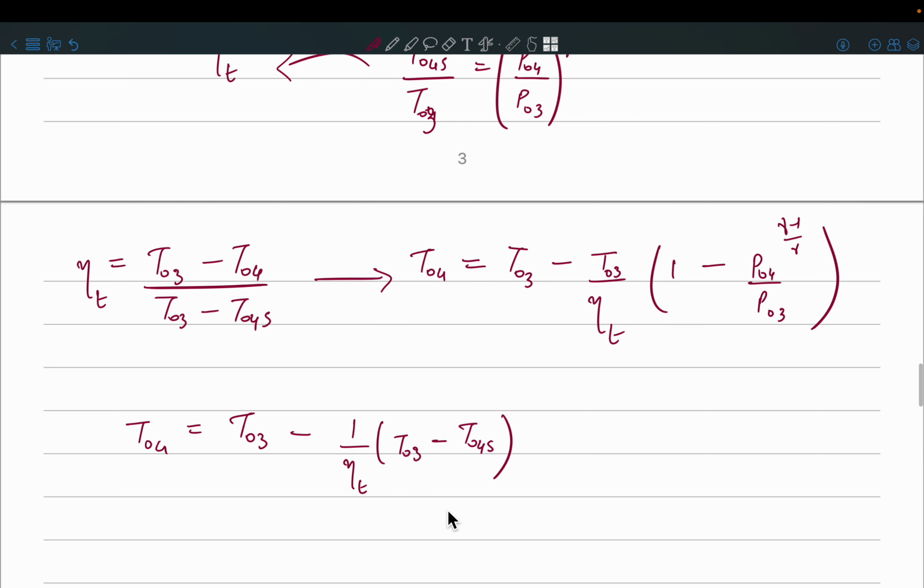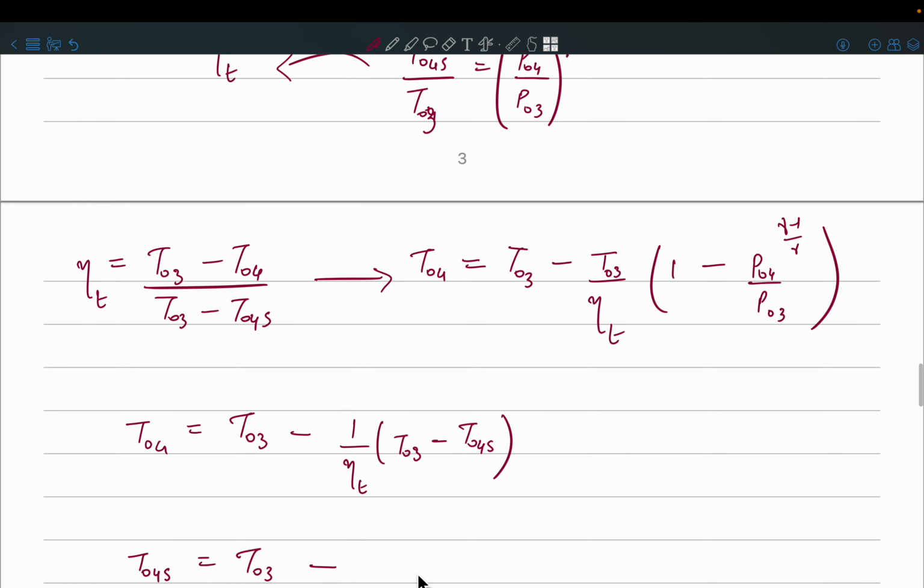Okay, and T naught 4s is nothing but T naught 3 minus Cp air by Cp gas into T naught 2 minus T naught 1 divided by the eta transmission.